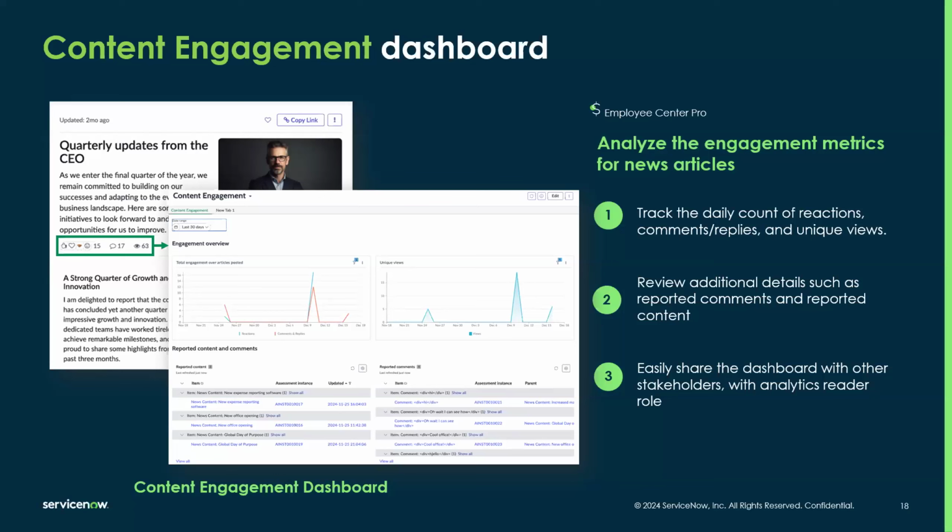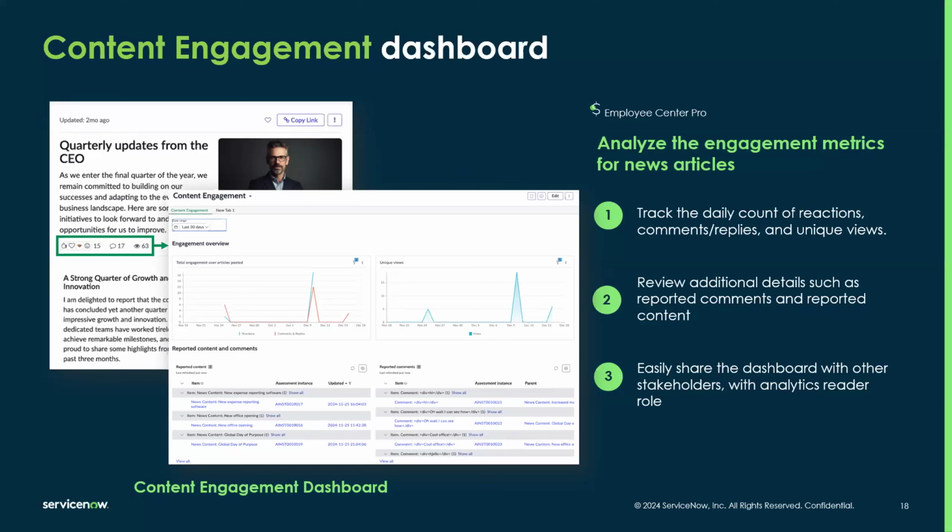So you would see this evolve into an overarching engagement dashboard. But for now, in news, you would see across all news articles that have engagement enabled, what the trends are: how much engagement we are getting, reactions, comments, replies, and how many views.